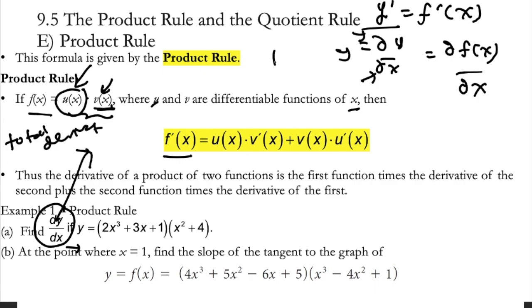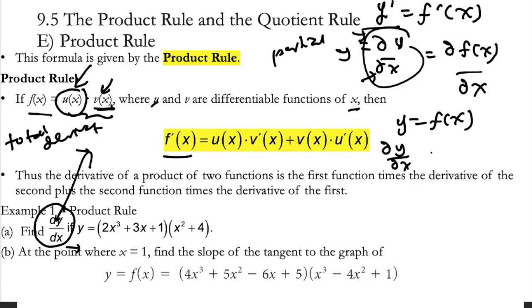This one gives us the partial derivative. So what's the difference? You have a function that depends on x. So when you want to find the slope, you can write it either this way or this way.